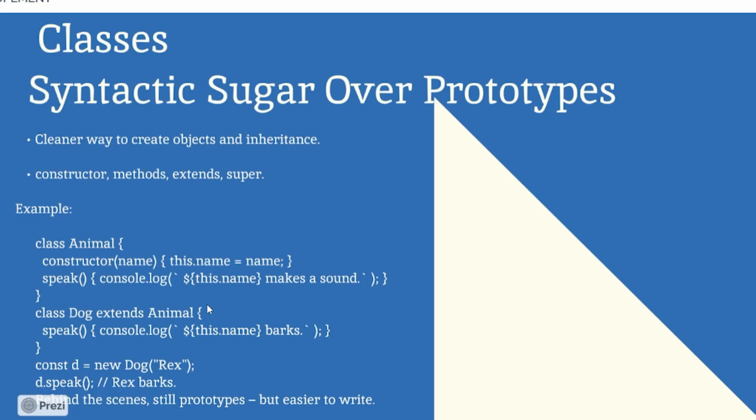Then we create an object called dog and display its name. Classes are used in large applications where multiple objects share similar properties and methods. So at that time you can use the class.